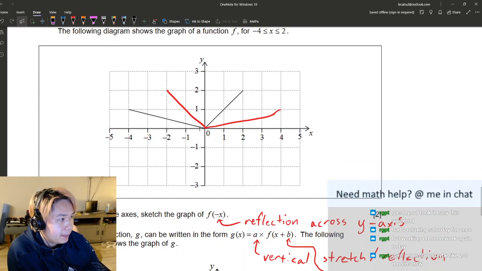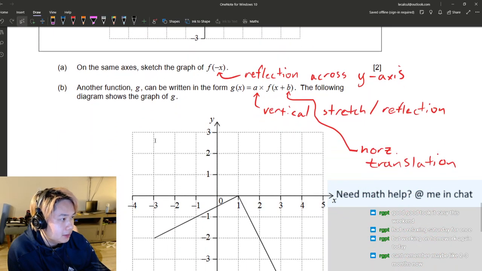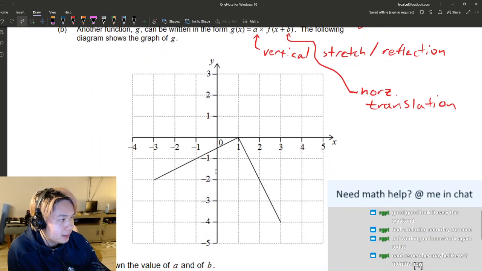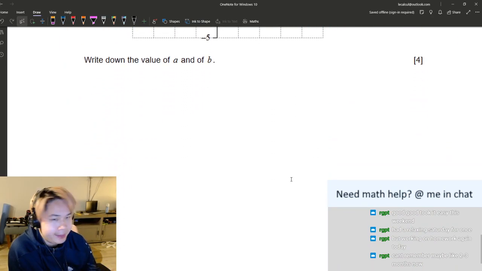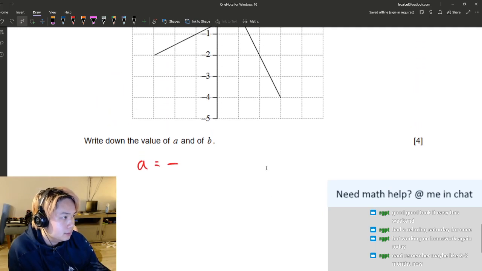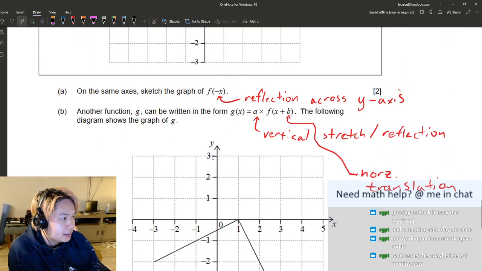Okay, so comparing the two. Obviously this is upside down, so I know a has to be a negative value. Now, does it stretch it?